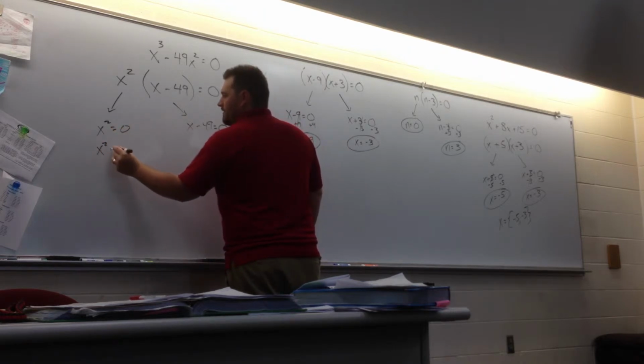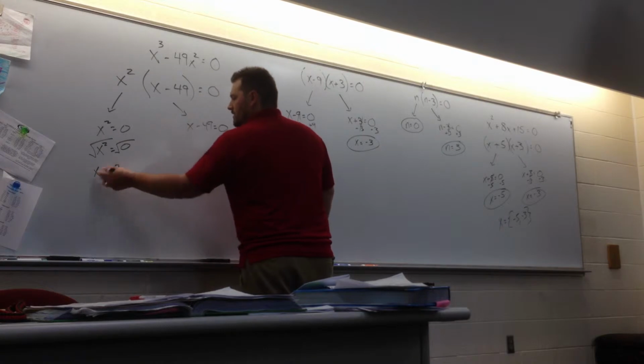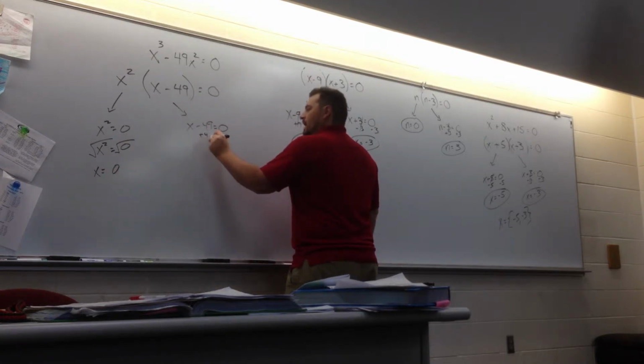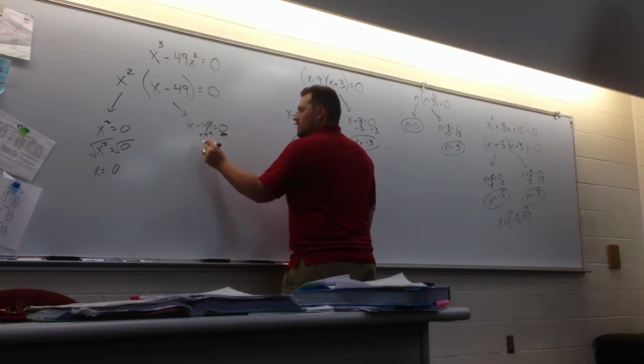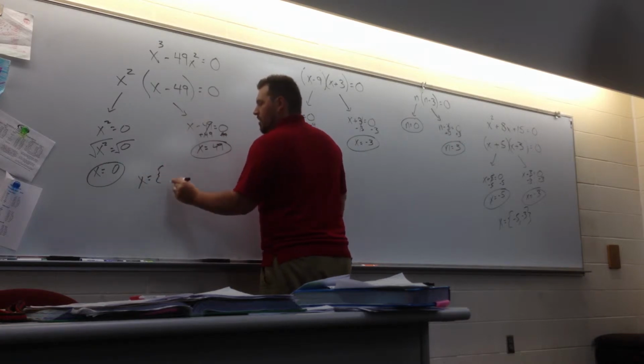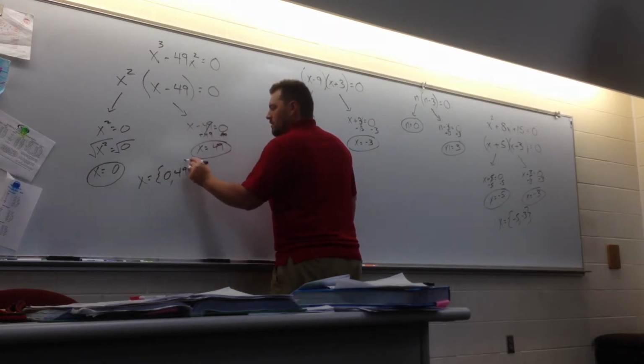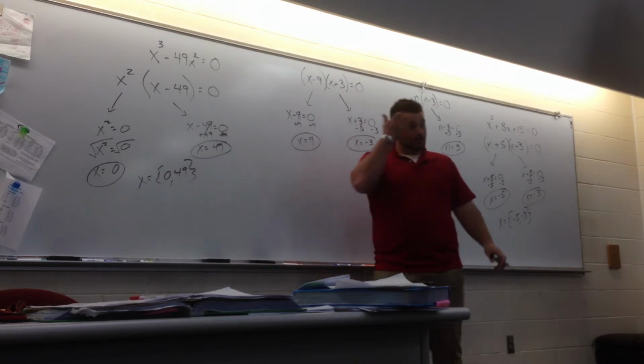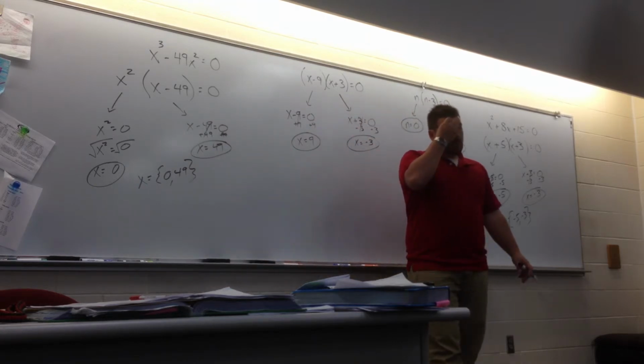So here I would take the square root of both sides, and x would equal 0. And here I would add 49, and x would equal 49 and 0. If I wanted to put it in roster form, it would look like that.